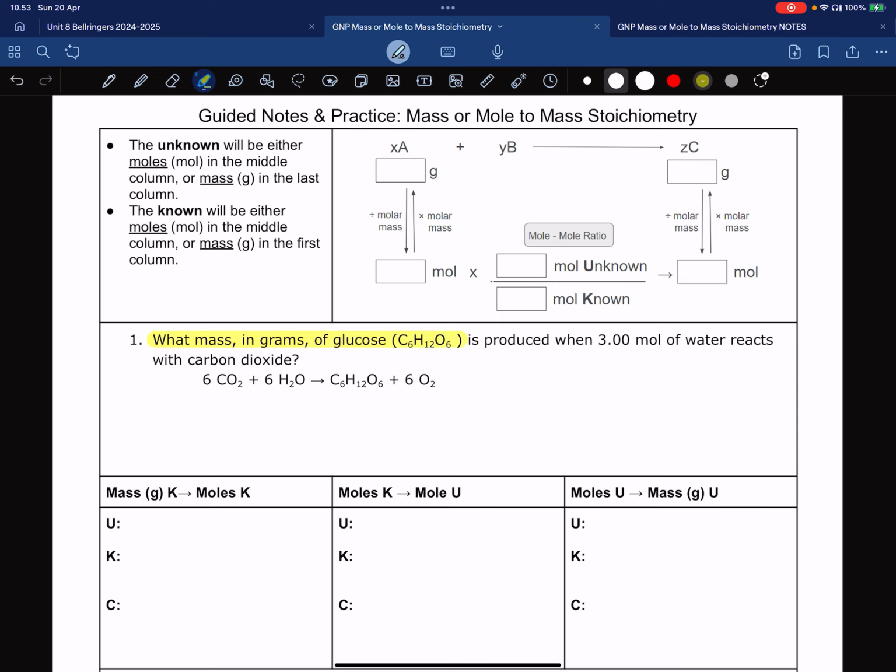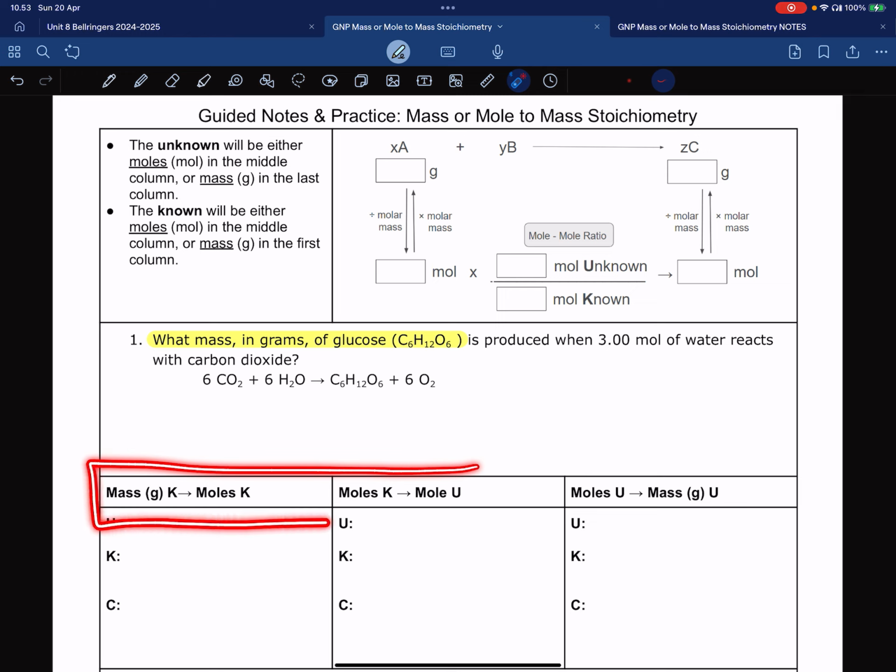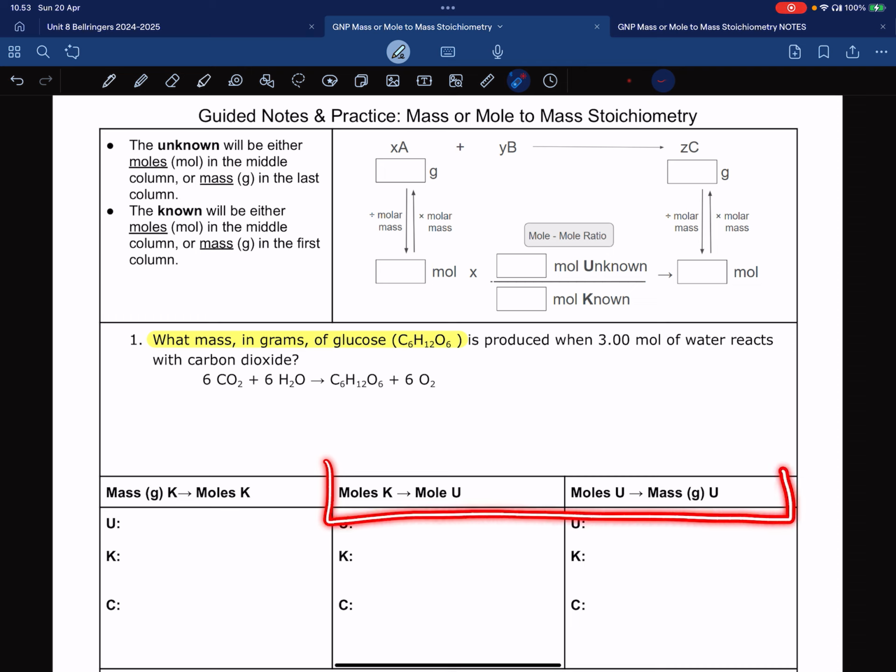That is your unknown. Excuse me, apologies. We're looking in the last 2 parts of the scaffold for mass in grams unknown.